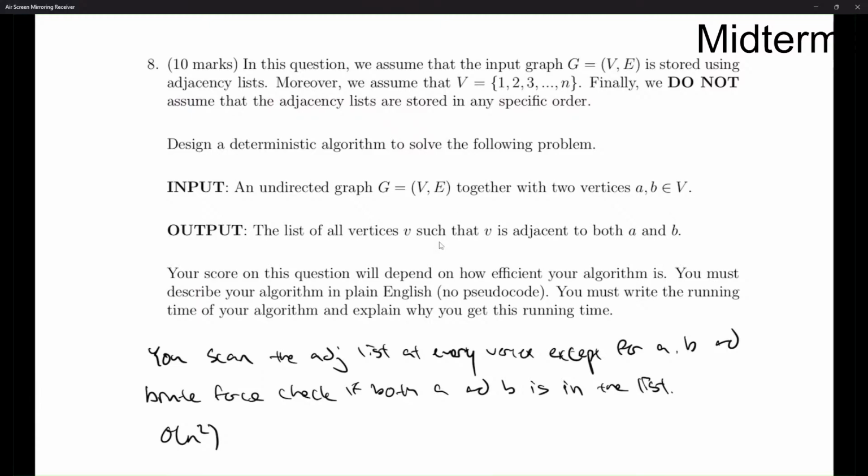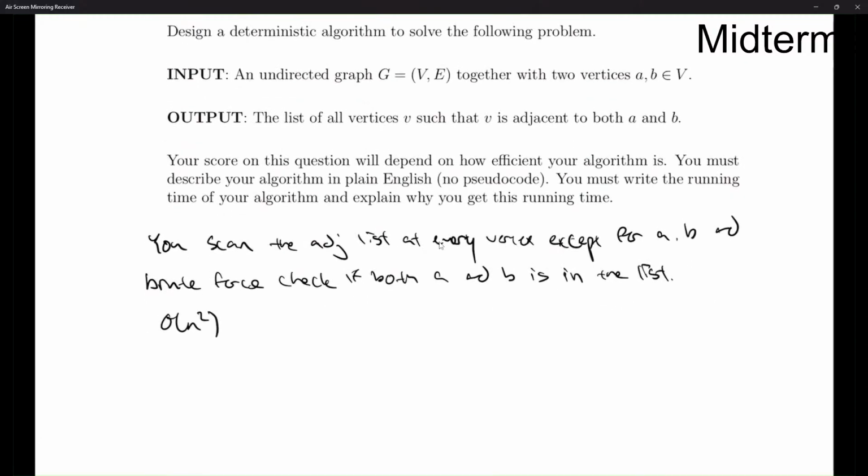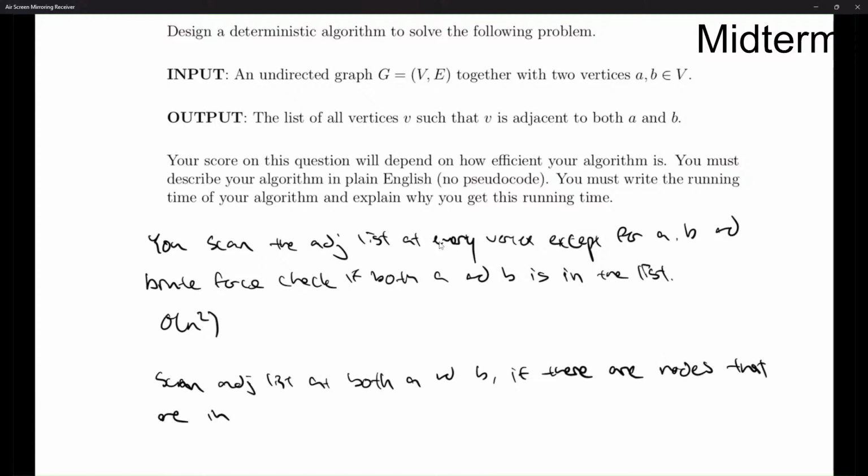Or no, actually no. You can do something else. Scan the adjacency list at both A and B, and if there are nodes that are in both lists, return those nodes.